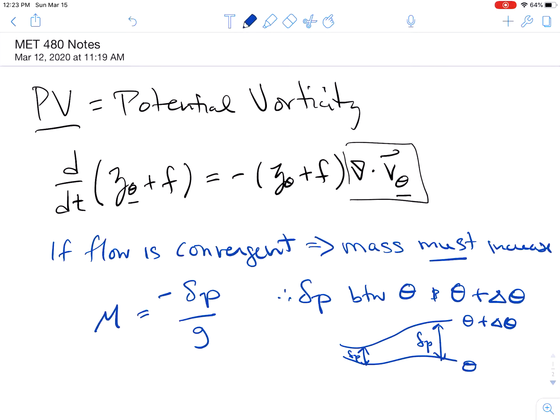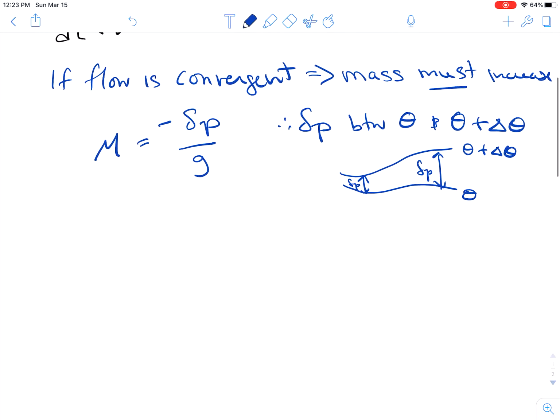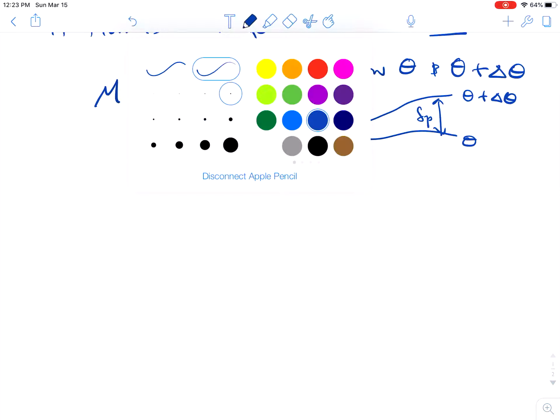We can actually bring this understanding into our understanding of continuity in isentropic coordinates via the following equation.